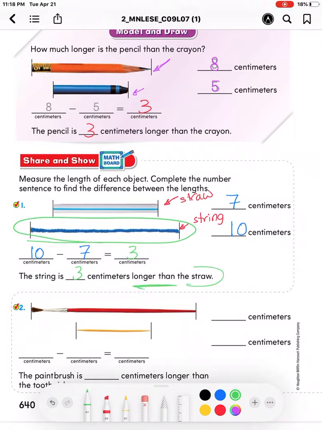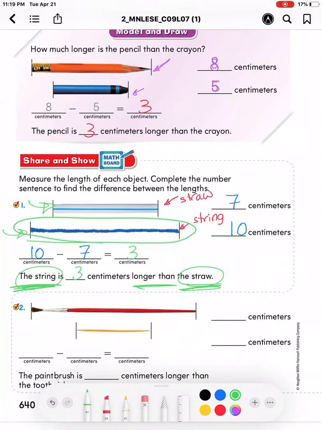That's why I told you you should know the name of the objects, because if you were confused and you thought that this is the string and this is the straw, there will be a problem. There is going to be a confusion right here. So the string is 3 centimeters longer than the straw.